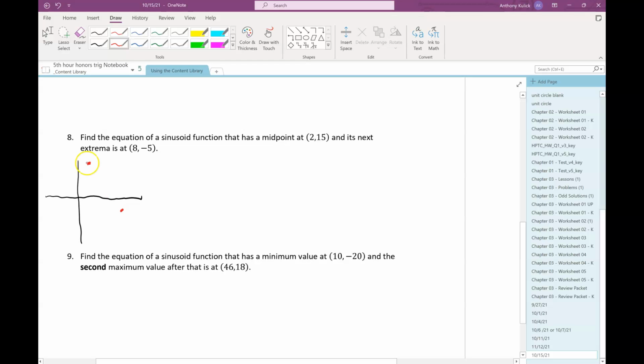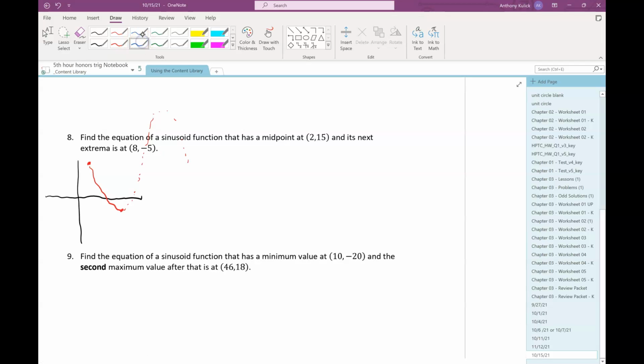It tells us that 2, 15 is a midpoint, and this is the next extrema, so that has to be a minimum then, right? And if I'm going to complete the rest of my period, I'm going to have it go up and then come back down. You good with that? Okay.